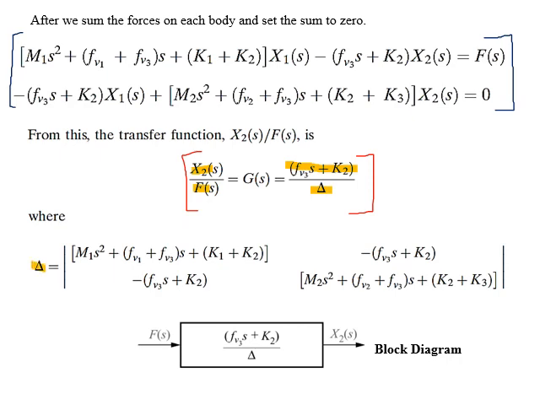This transfer function can be represented as a system whose input is force F and output is x2 of s, where the transfer function is represented by g of s. It means that we can study the behavior of any translational mechanical system, or find out what linear displacement will be covered when force F of s is applied.